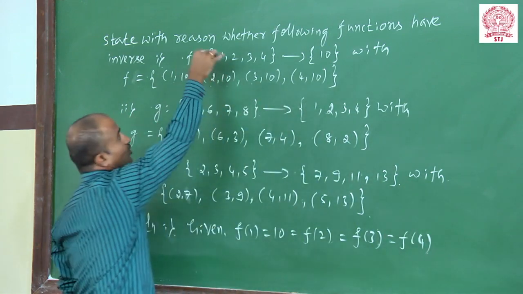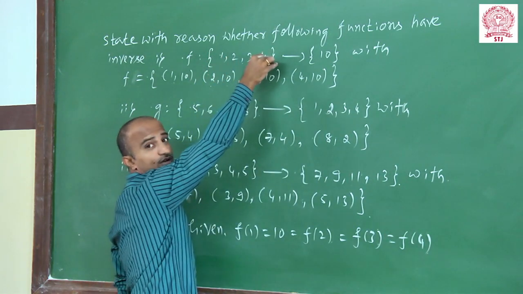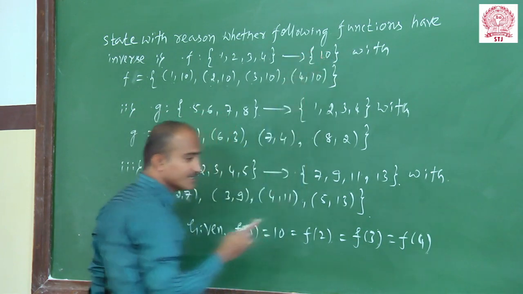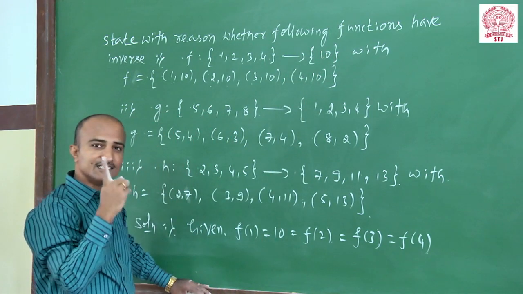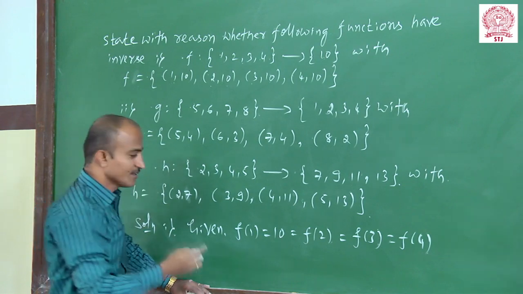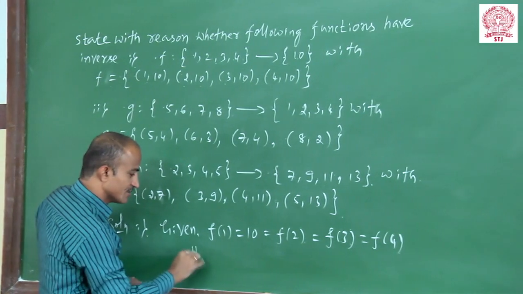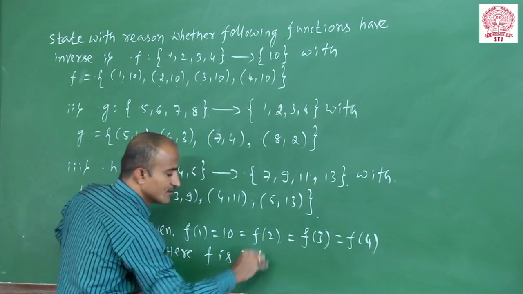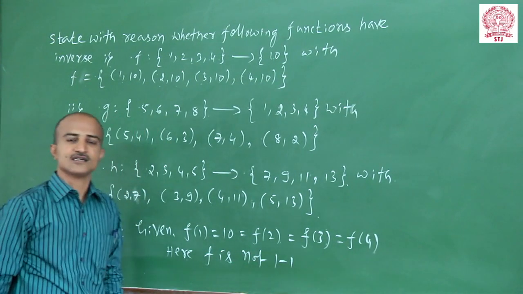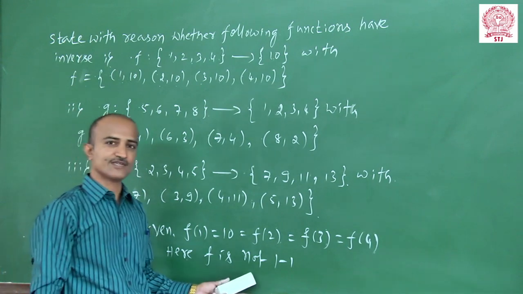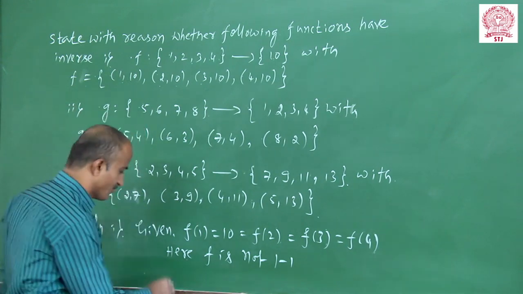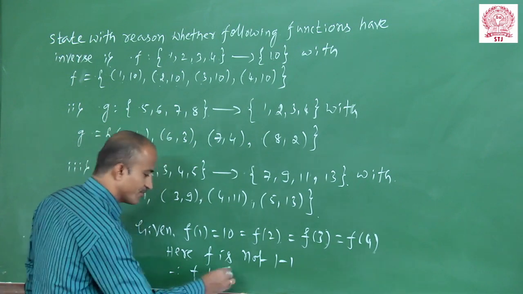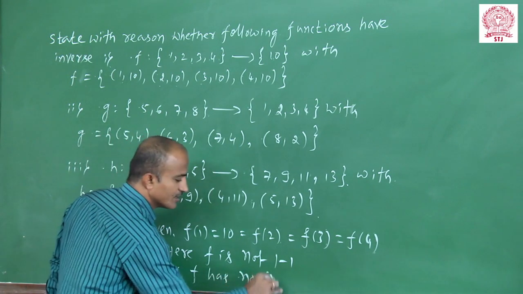Distinct elements of the domain 1, 2, 3, 4 having the same image in the codomain means it is not satisfying the condition of 1 to 1. Therefore, f is not 1 to 1 because distinct elements of the domain are having the same images. Therefore, f has no inverse.